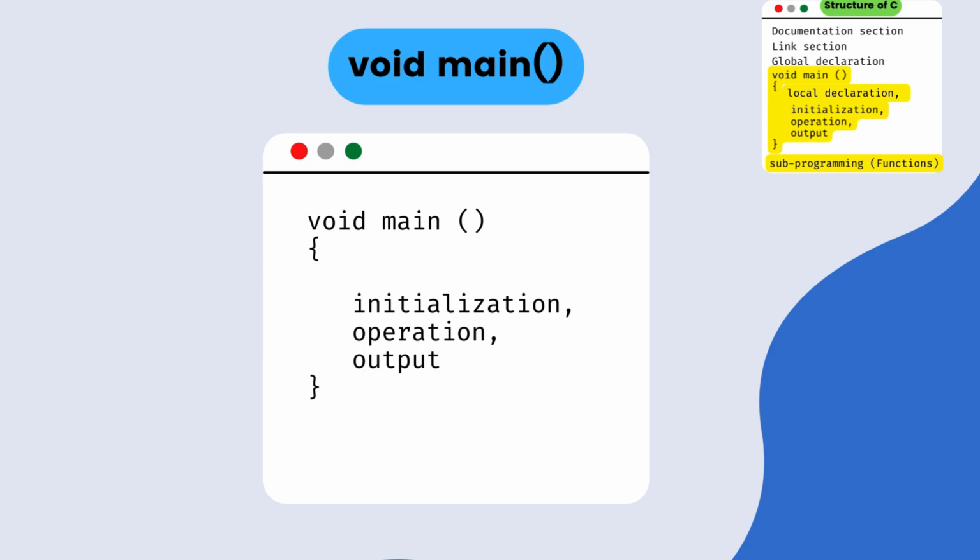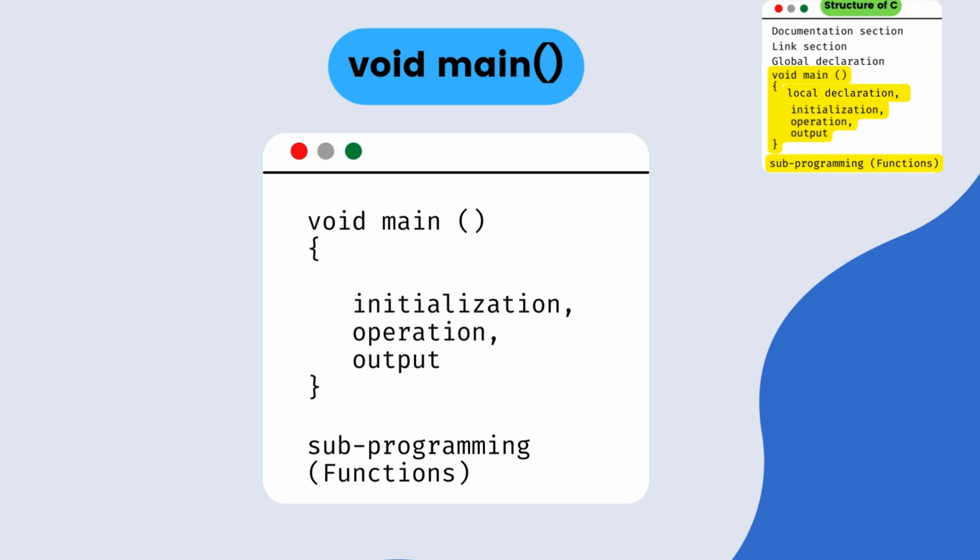It gets everything ready, initialization, tells everyone what to do, operations, and finally presents the finished product, output. Subprogramming, similar to a user-defined function, enhances code readability by organizing tasks into smaller, manageable parts. However, I'll elaborate on this topic in more detail later.